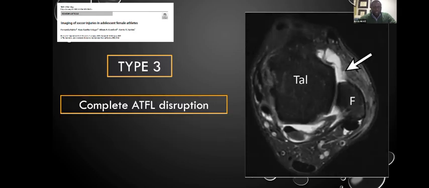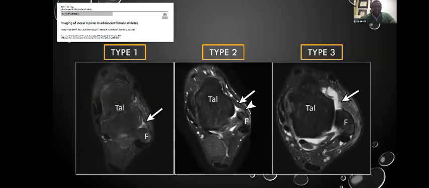And then we have type 3, which is just a complete ATFL disruption. And so now here we're showing all 3 of these different types of injuries together, and so you can see how it progresses from a very simple to a more complex, more serious type of injury.